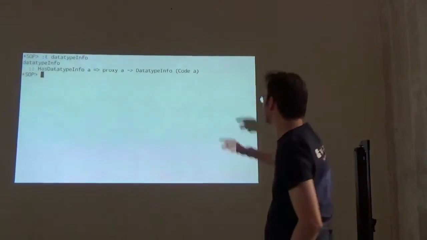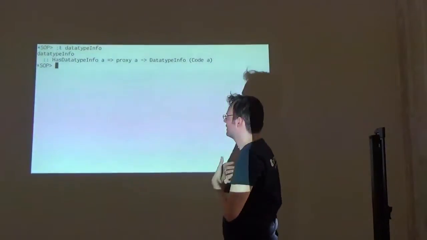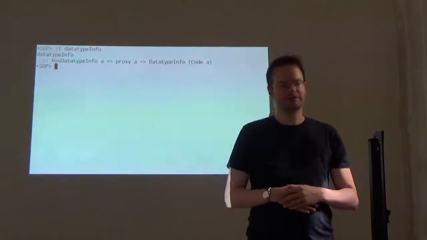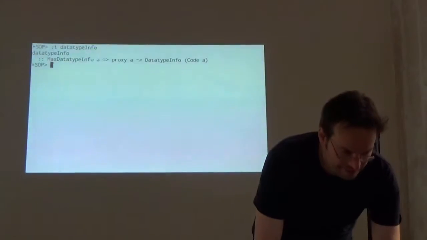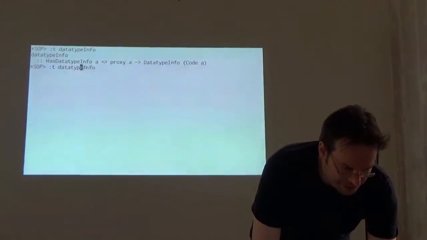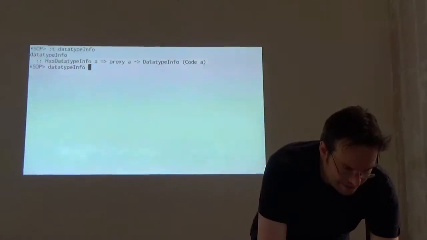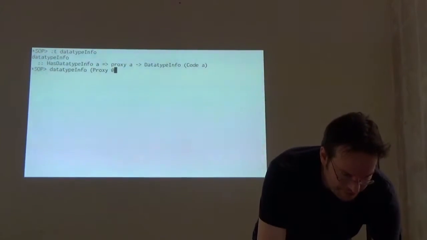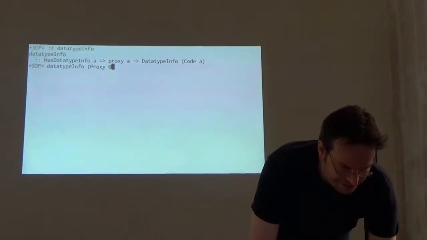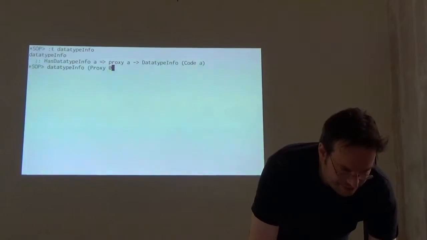And if we look at the datatypeInfo of Direction, we need to provide a proxy in order to actually help GHC figure out for which data type we mean this. So intuitively we could use an explicit type argument here, but I still want to remain backwards compatible with versions that didn't have this, but I can do this.